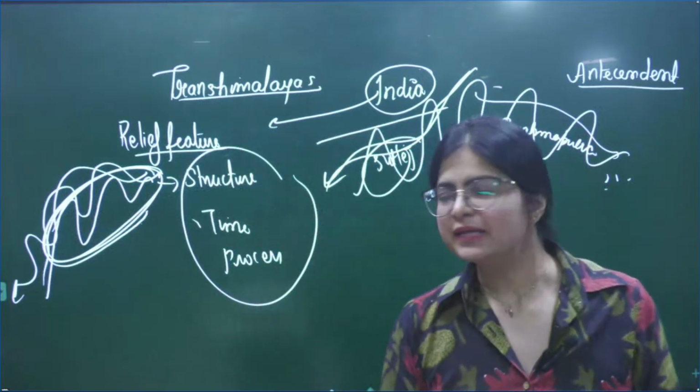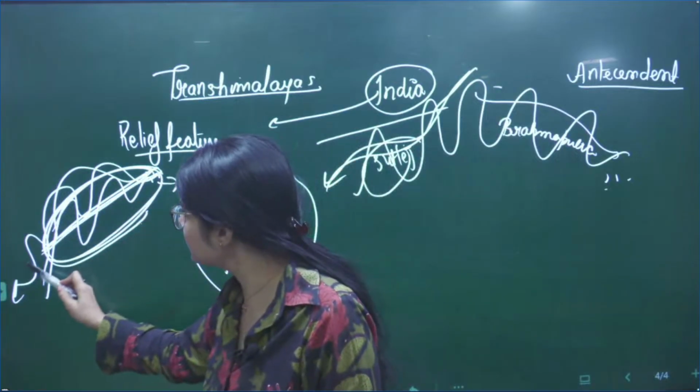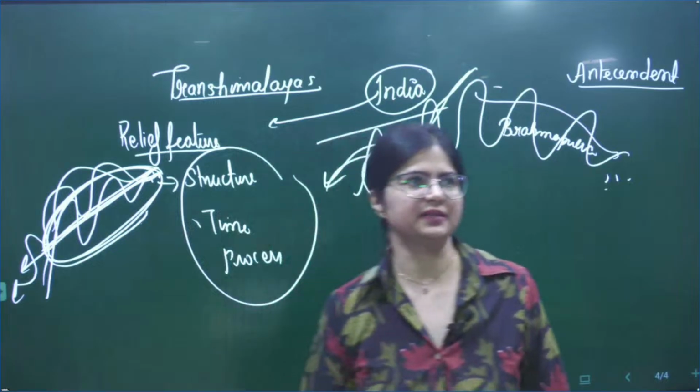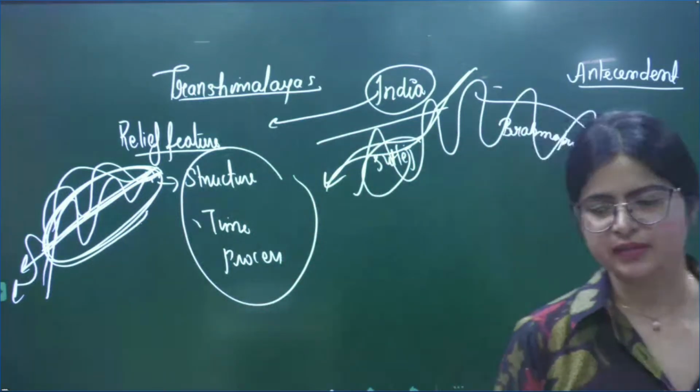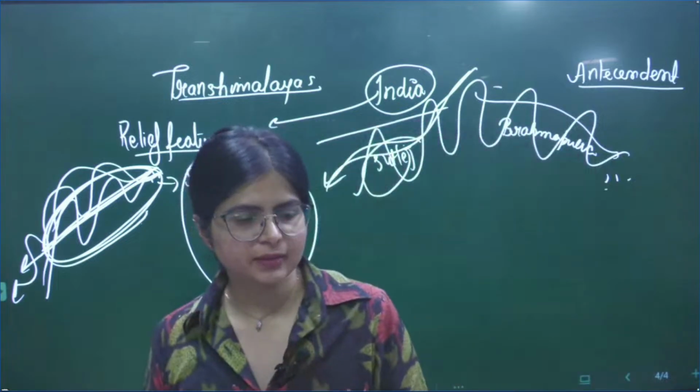Are you getting that point? They will cut through these blocks, and then they will be able to make a path for themselves. This is known as antecedent river. Are you getting the point?